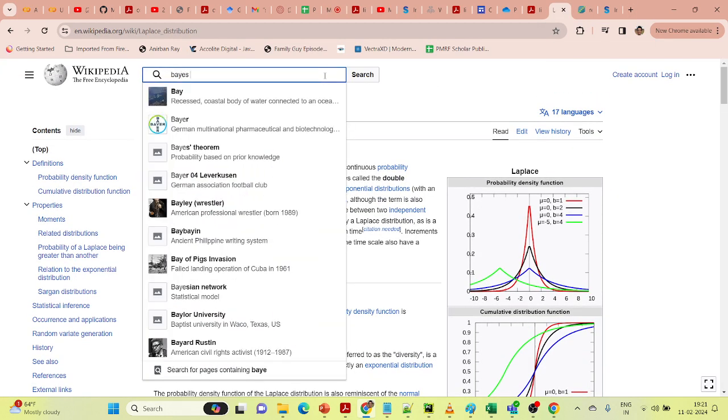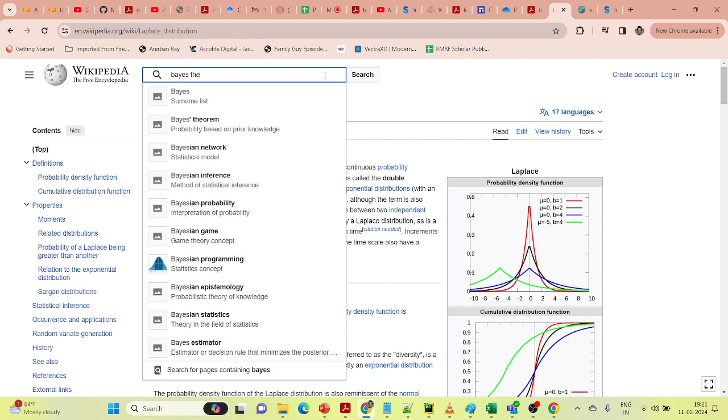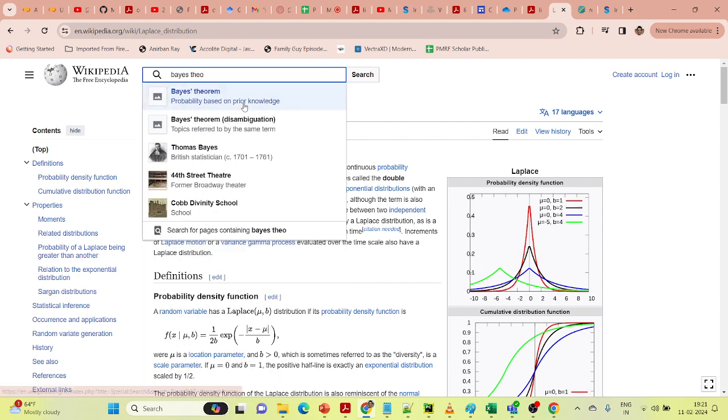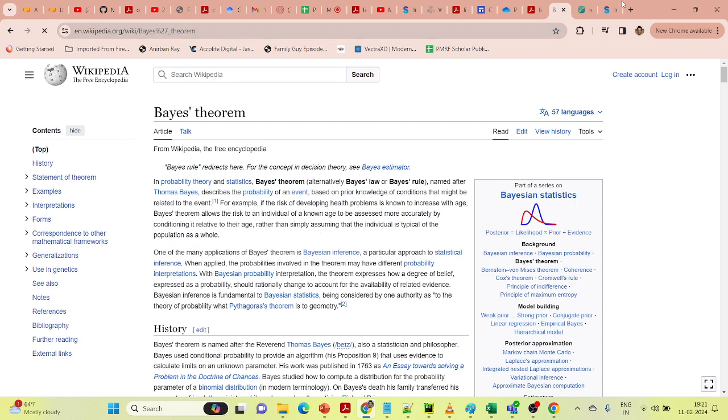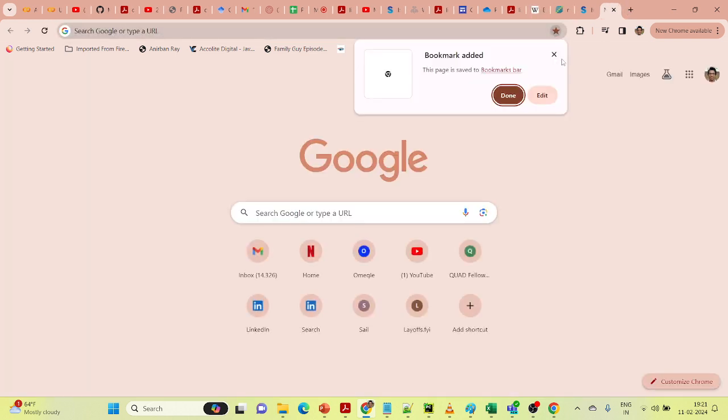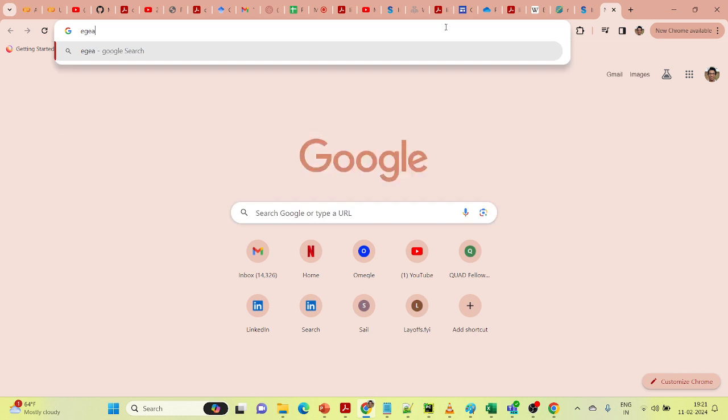So, Bayes theorem. And the important thing, as I have previously said as well, is that the probability part is very important actually.